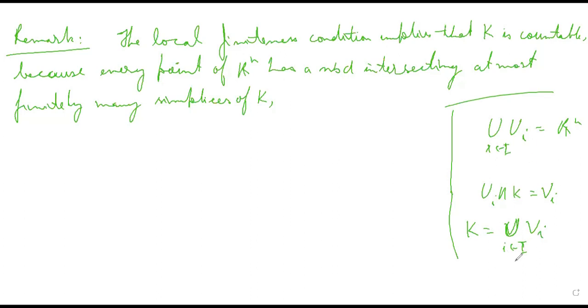So this is a countable union of finite sets. It means K is countable. You know that a countable union of countable sets is countable, and these Vi are finite and hence countable. So the third condition, the local finiteness condition, forces K to be countable.